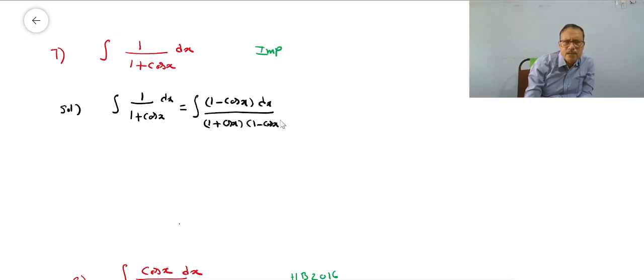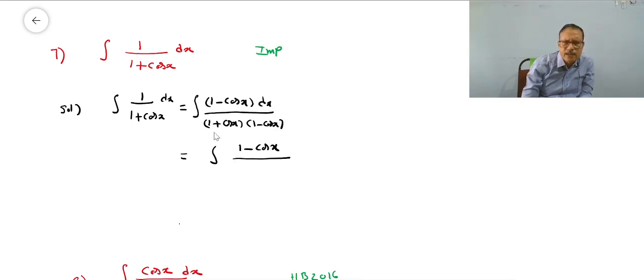The same problem can be solved in many methods. This is one of those methods. So this is equal to integral of 1 minus cos x by, this is of the form a plus b into a minus b, that is a square minus b square.